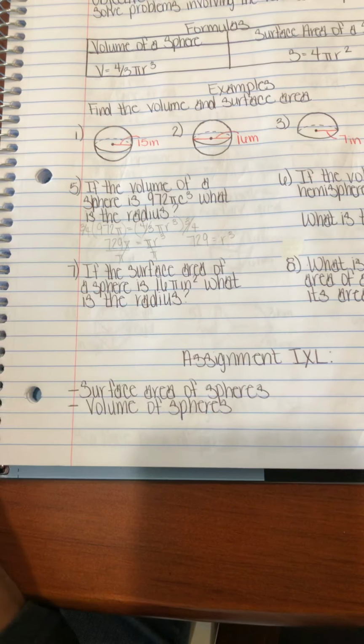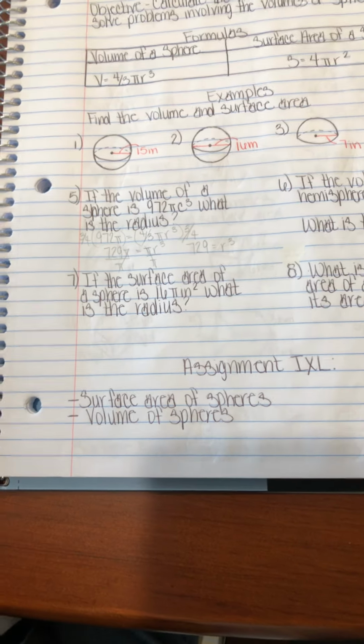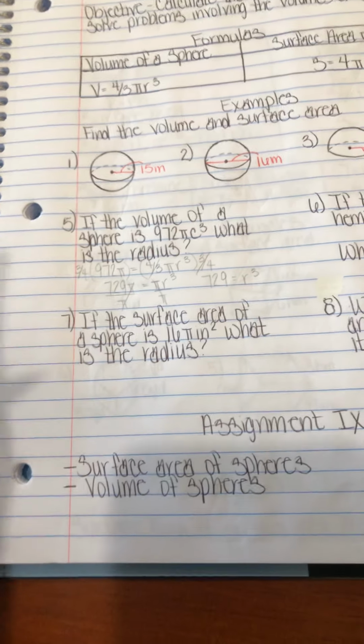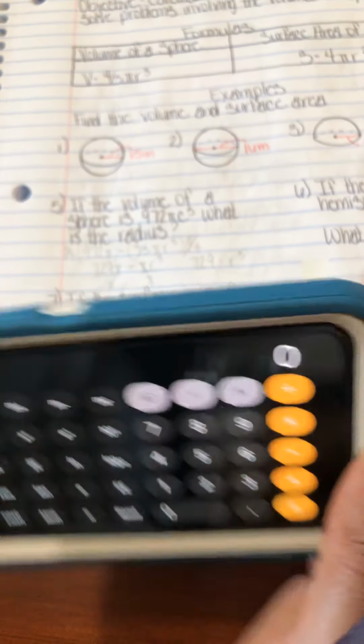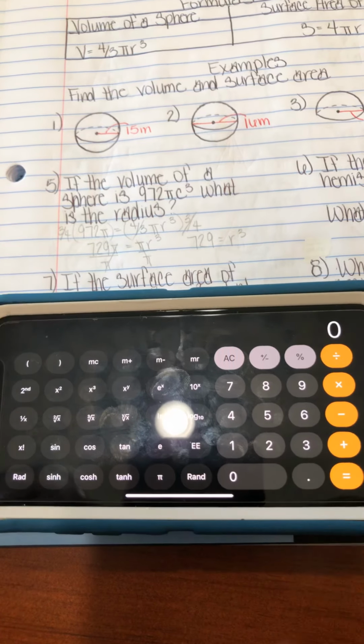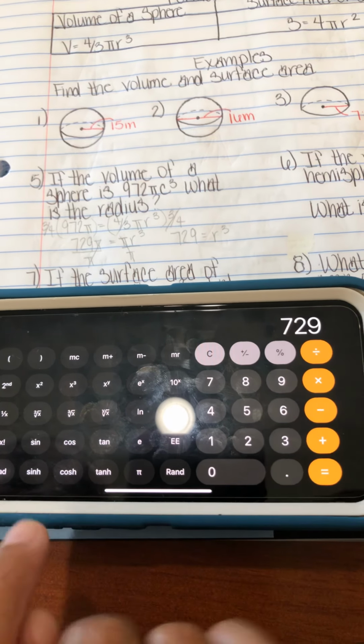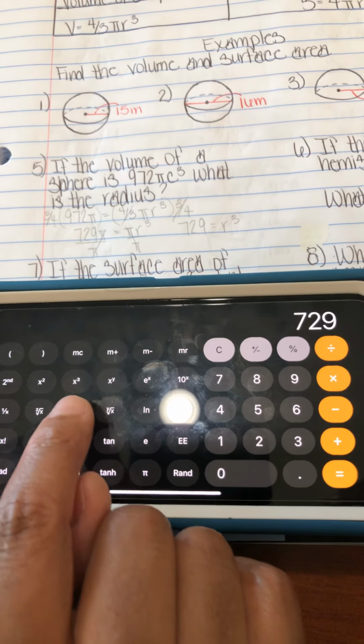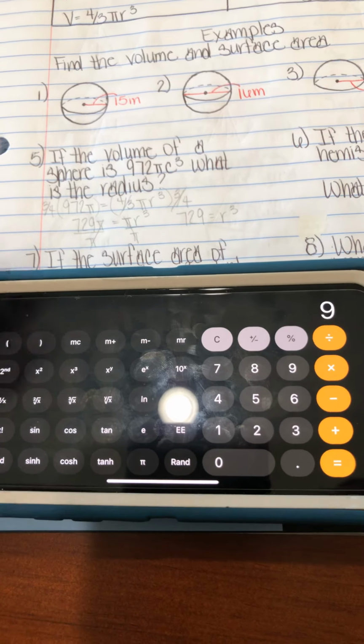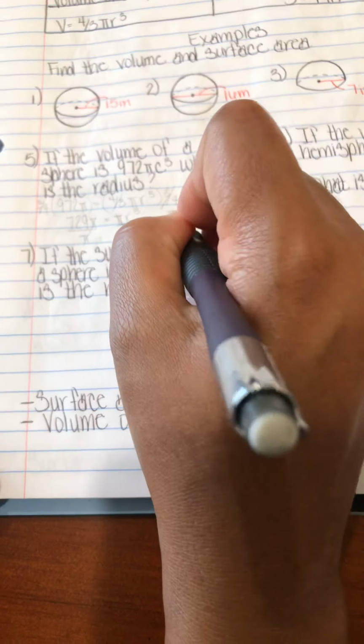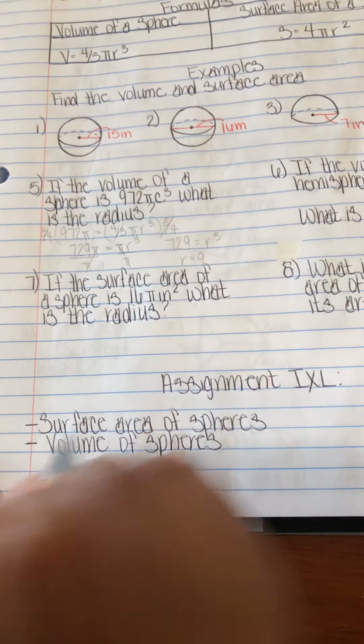So again, like I showed you before in your phones, if you hold it sideways, all you have to do is hit 729 and then hit the cube root. And when you do that, you get 9. So r is equal to 9.